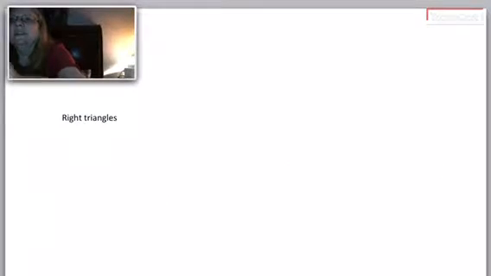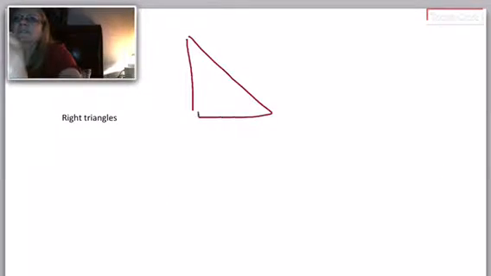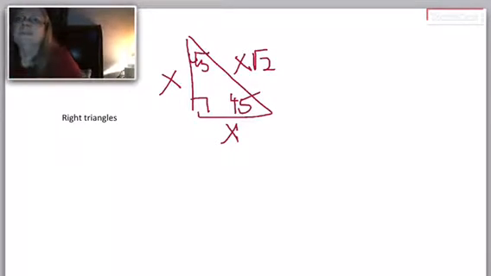Okay, let's look at another one. So again, 45, 45, 90. When you get these problems, it's very helpful to label this way: x, x, x times the square root of 2. What happens now if you're given that, let's say, the hypotenuse is 10 times the square root of 2?